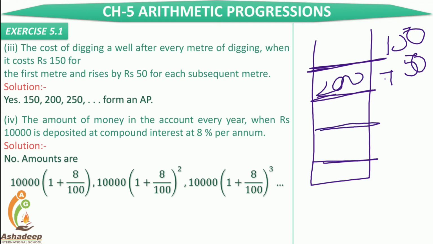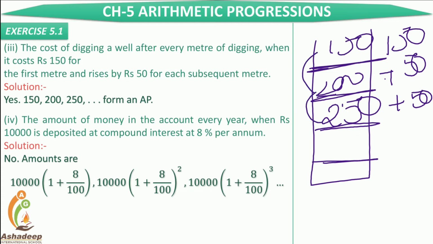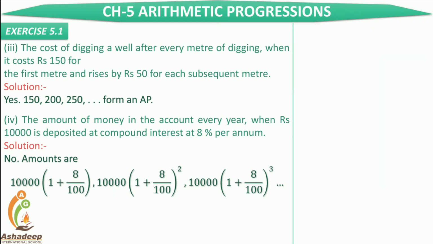One more meter adds 50 more, so 200 plus 50 is 250. So here it is 150, 200, 250. The common difference is 50. If the common difference is equal, we can say the given series is in AP. So here it forms an AP.